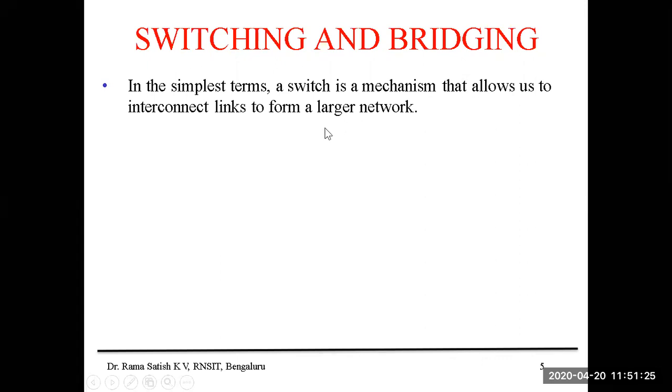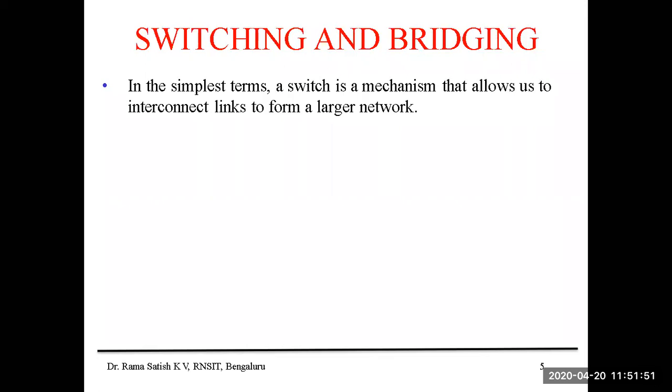Whenever you want to expand your network and have more and more networks connected, definitely you make use of switches. So the switching mechanism allows you to create a larger network of networks.